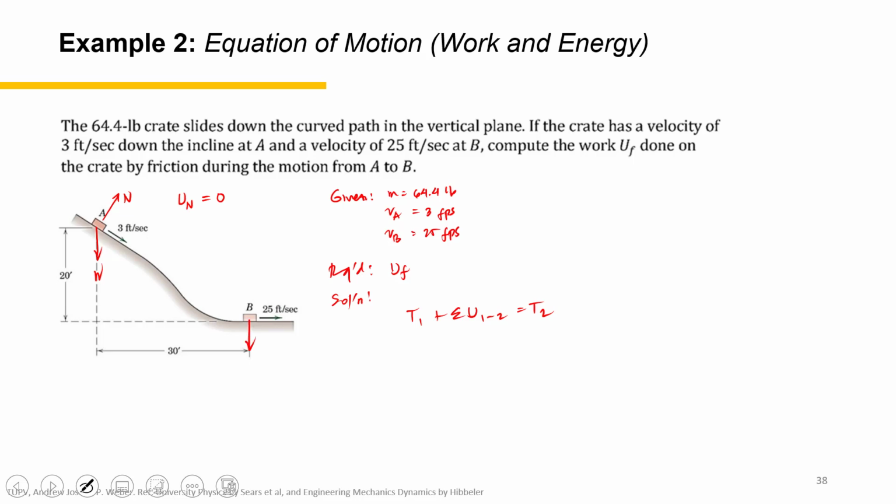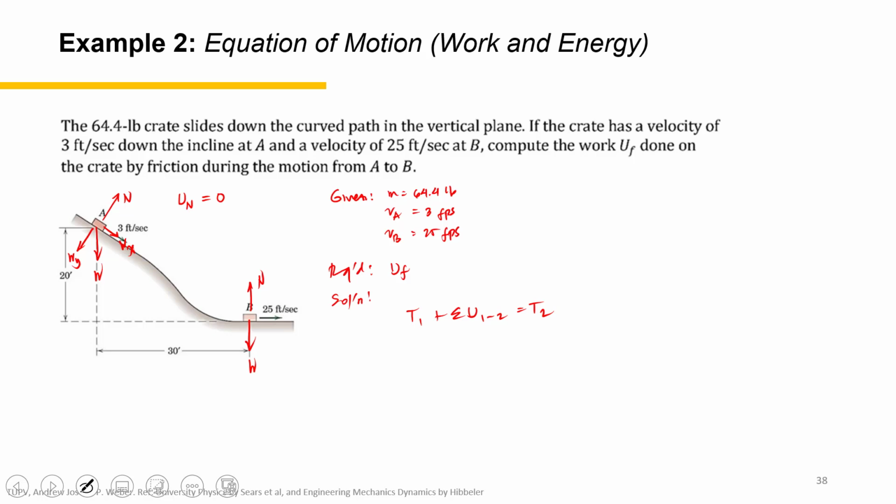At point B, the weight is still downward and the normal force is still perpendicular to the surface. There is no need to resolve the weight into x and y components, because if you do that, Wy would be normal and therefore would create no work, and the Wx is the only component that would contribute to the work by the weight.